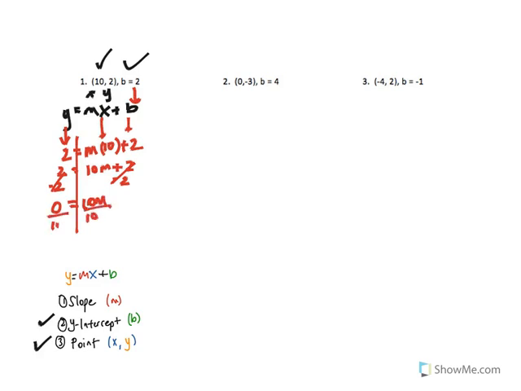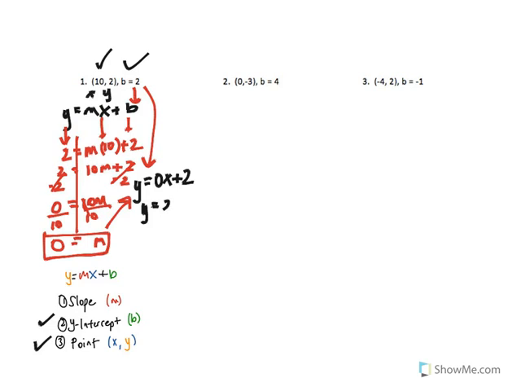Divide by 10, divide by 10. M equals 0. So now I need to use this m and this b to write the equation of the line, which is going to be y equals 0x plus 2. Anything times 0 is 0. The equation of my line is y equals 2.